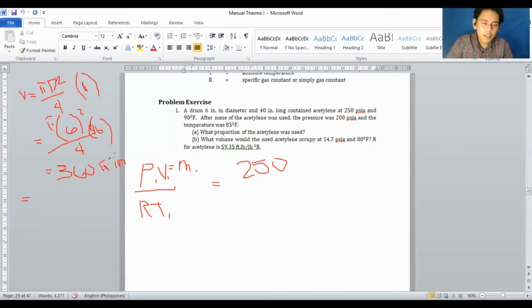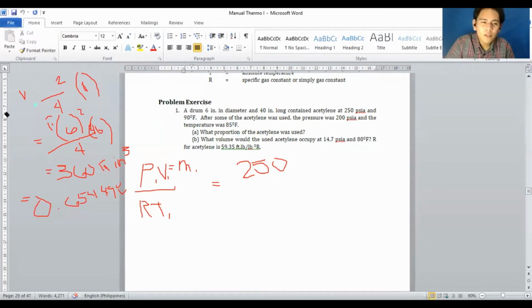Since it is volume, you have to convert it into cubic feet, so your 360 pi divided by 12 cubed. So you yield 0.654498, and so on and so forth. Now, you have to store it on your calculator for later use.